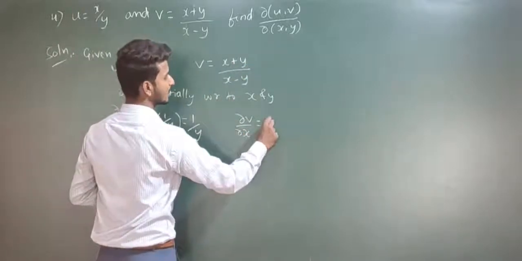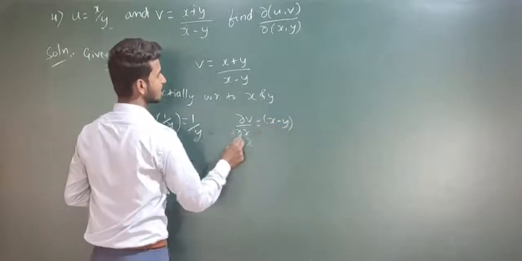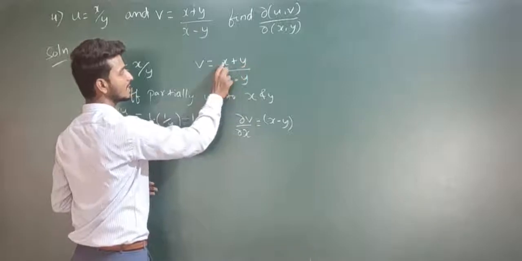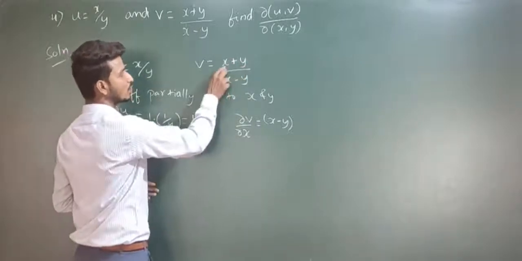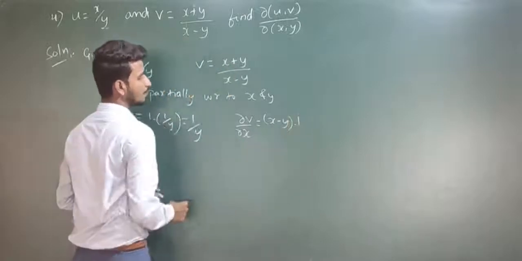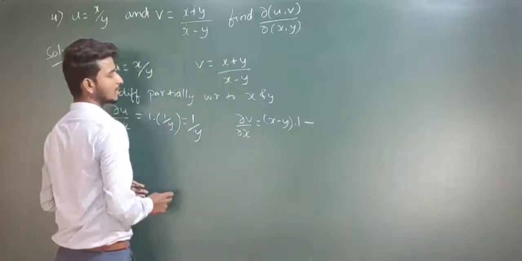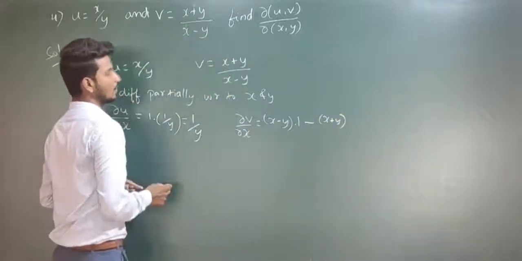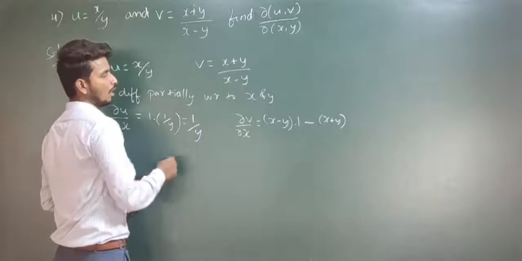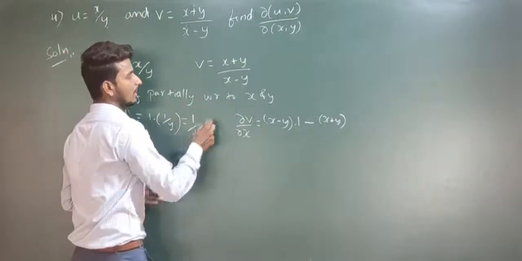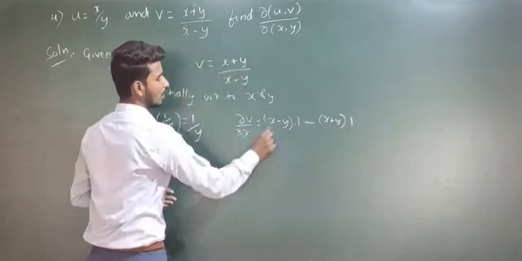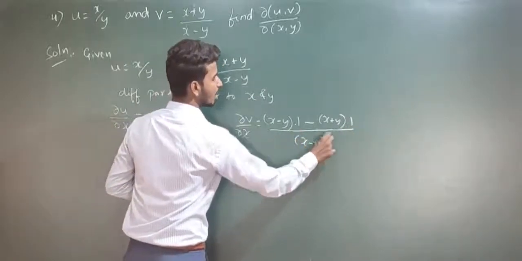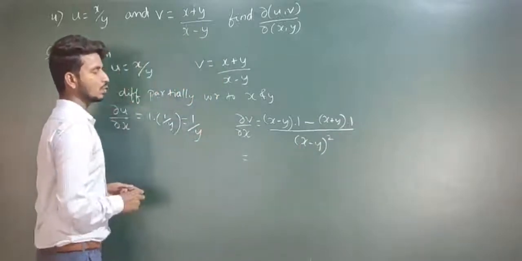So first, x minus y as it is, and differentiate the numerator, that is x plus y, with respect to x, which gives 1. Minus, next keep the numerator as it is, x plus y, and differentiate the denominator with respect to x, that is into 1, divided by x minus y whole square.